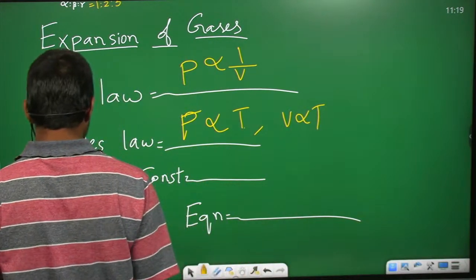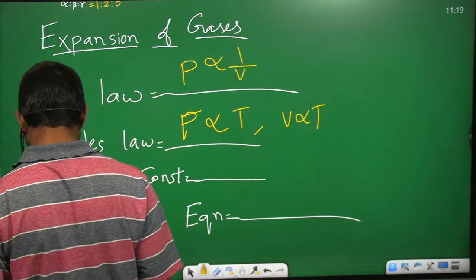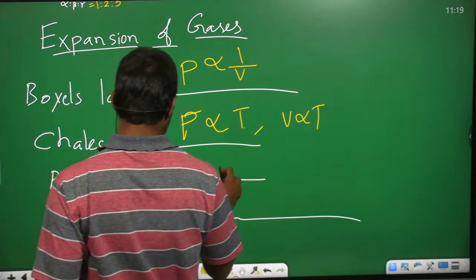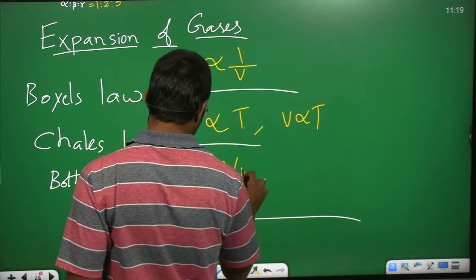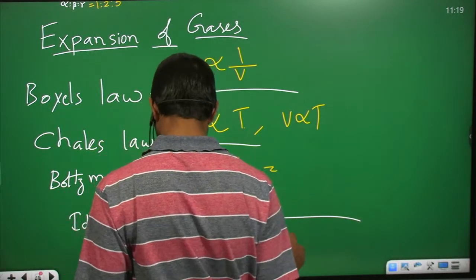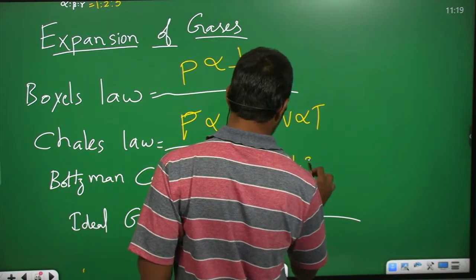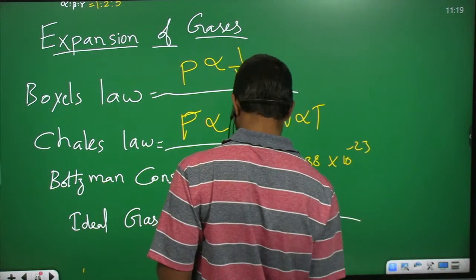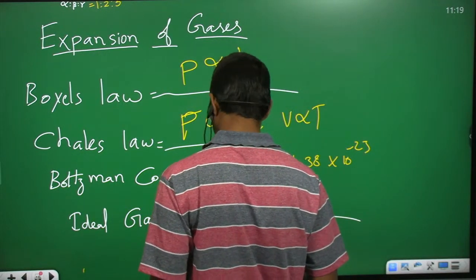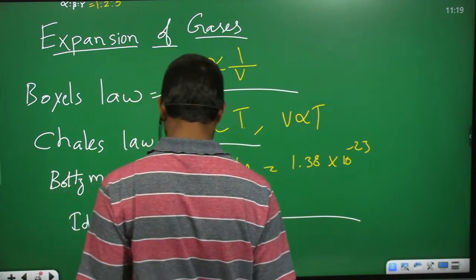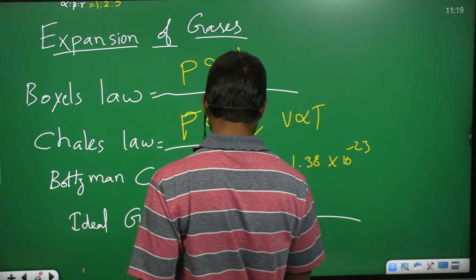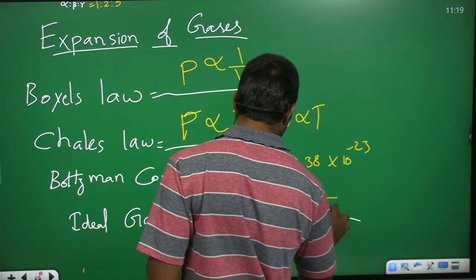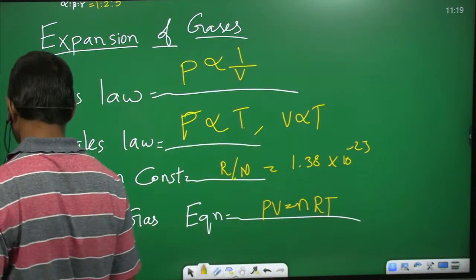Okay. So what is Boltzmann constant? K equal to R by N. Okay. What is the value? 1.380 into 10 power minus 23. Okay. What is this? PV is equal to nRT. See, these are the basic fundamental formulas if we try to look at expansion of gases.